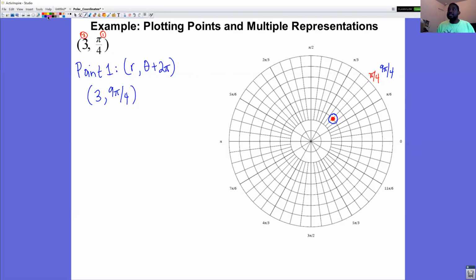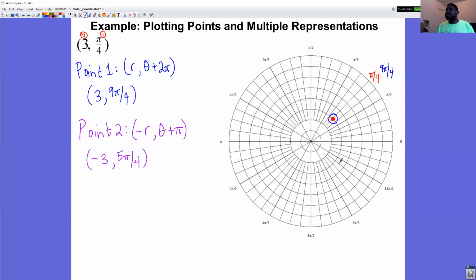Our second point takes the form (negative r, theta plus pi). So we're going to make the 3 negative, and then we're going to add pi to pi over 4, which gives us 5 pi over 4. Again, I'm going to convince you that this point is the same point as the red and blue point.